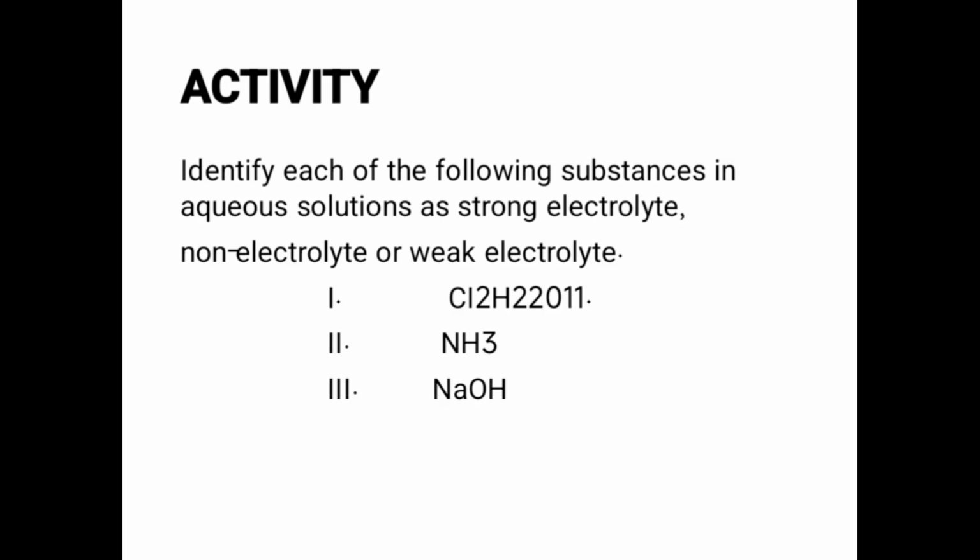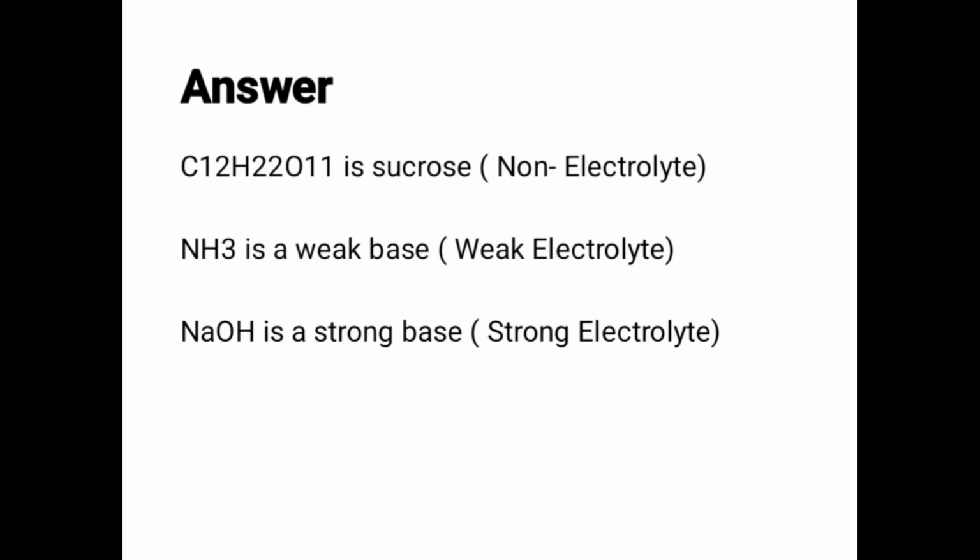If you have done it very well, C12H22O11 is sucrose, and that's sugar. Sugar is known as a non-electrolyte, like we have rightly proceeded. NH3 is a weak base, and of course, it's going to be a weak electrolyte. And NaOH is a strong base, so it's going to be a strong electrolyte.